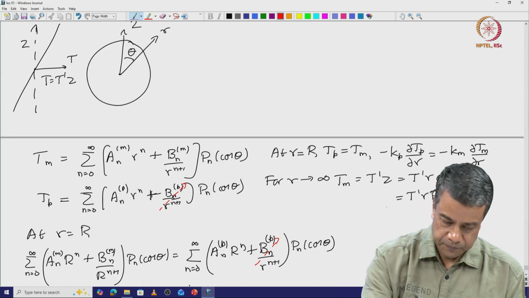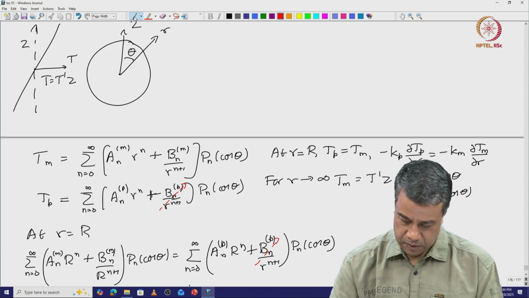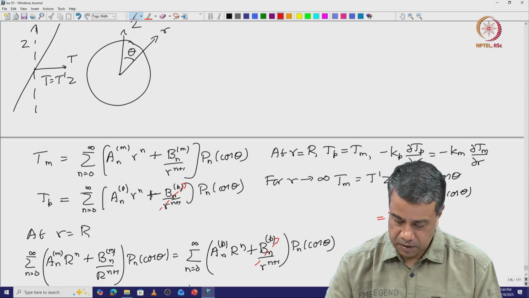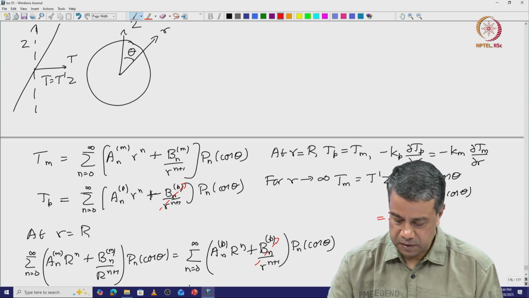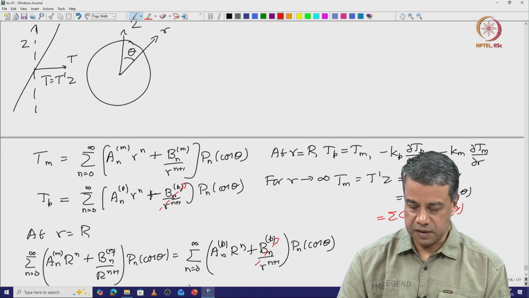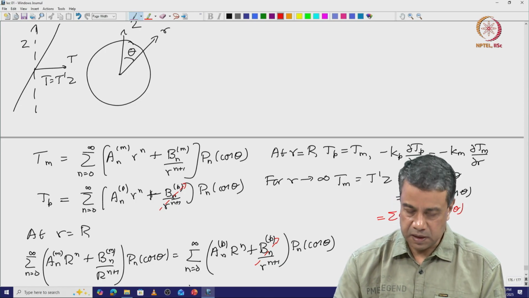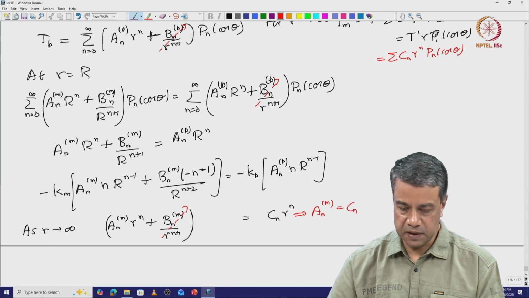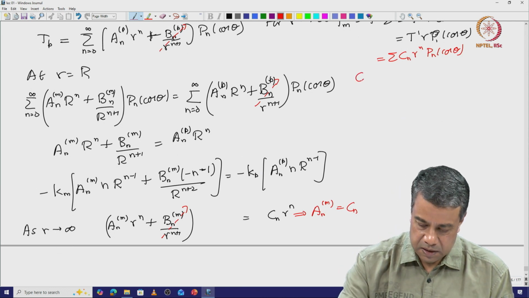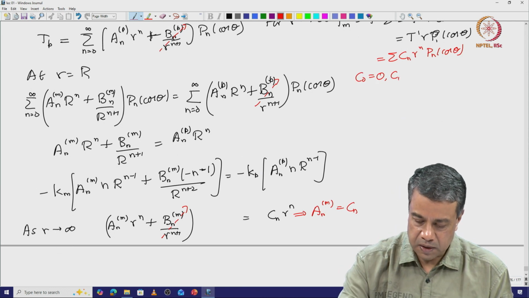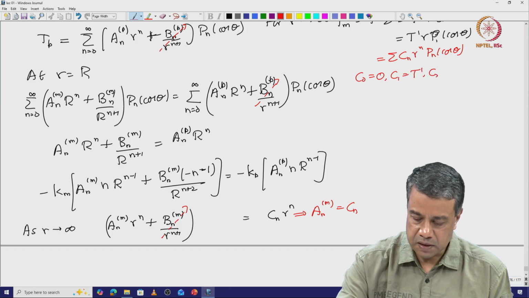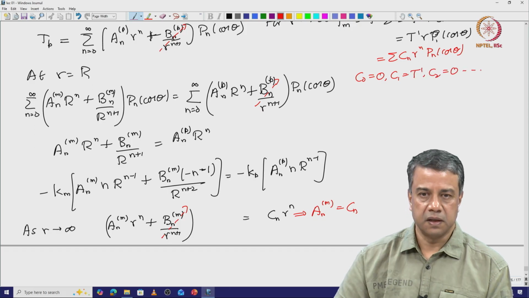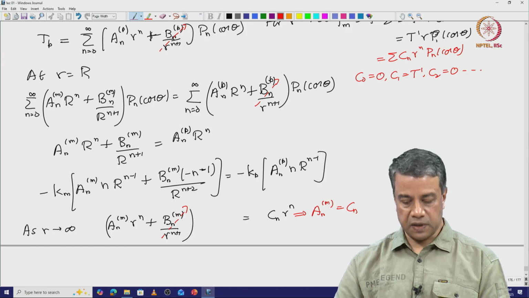So if I write this as summation of C n r power n P n of cos theta, expanded in the Legendre polynomial expansion, then I told you that for this particular case C 0 is equal to 0, C 1 is equal to T prime, C 2 is equal to 0, etc. There is a non-zero value only for n equal to 1.